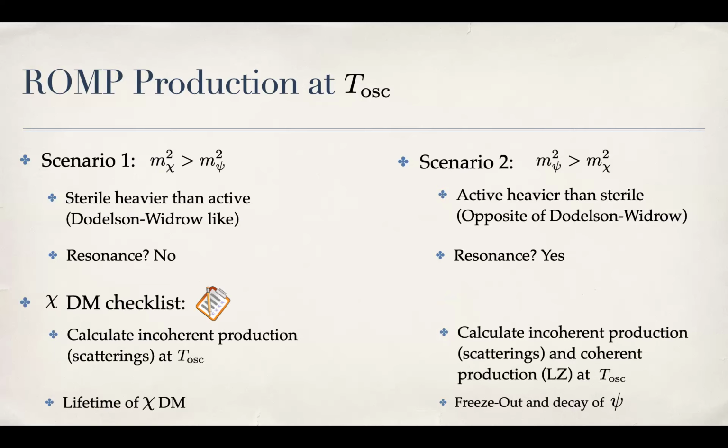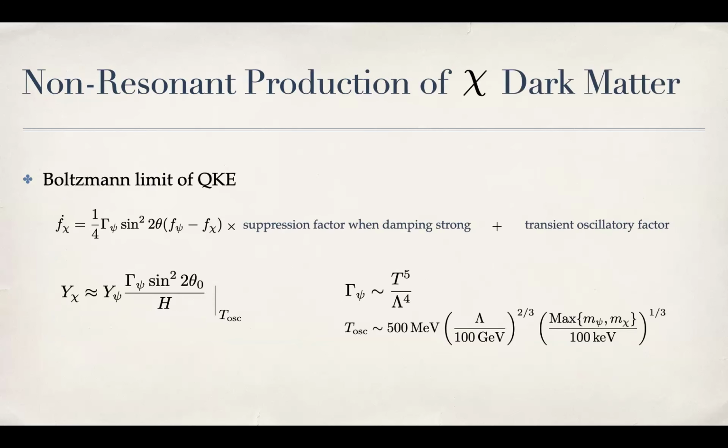Whereas in the opposite case, you don't have to worry about the lifetime, which is nice, but you still have to worry about a different process, which can give the more dominant production of dark matter, and that's that your psi can freeze out and then decay to chi. Okay, and that can actually give you more dark matter of chi than this oscillation production. So you have slightly different phenomenology, but both are doable to solve for.